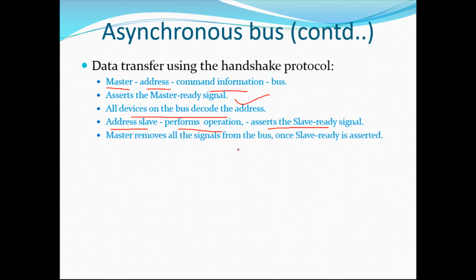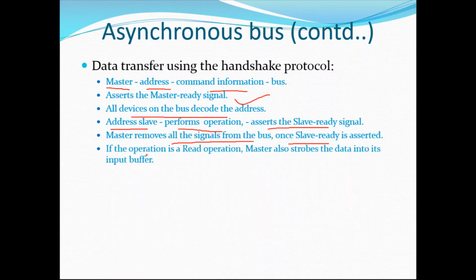Now the master will remove all the signals from the bus once the slave ready is asserted. Before that, if it is a read operation, the master also stores the data into its input buffer before removing the slave ready signal. So this is the general working flow.